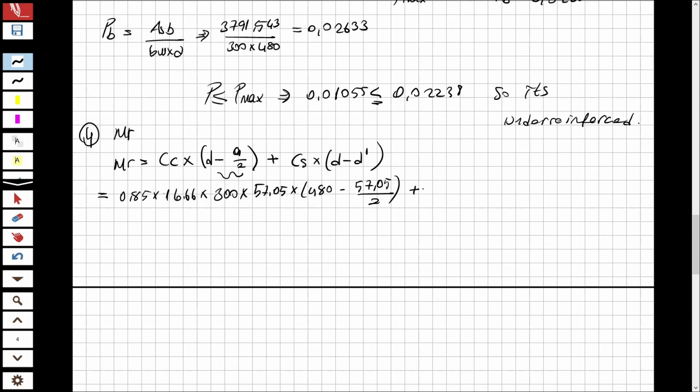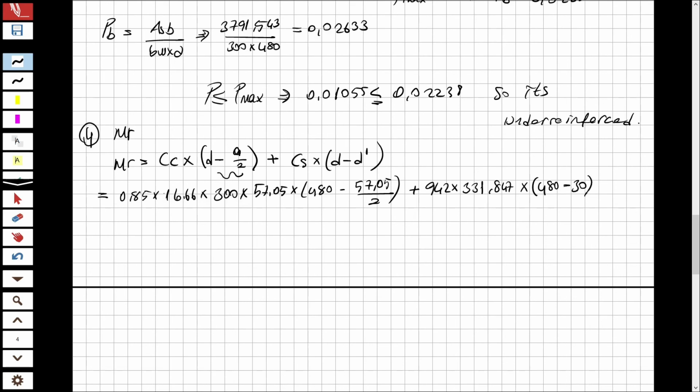What is CS? AS prime. What is AS prime? 942 multiplied by the design strength of this steel. It is different because it's not 365, since it has not yielded. 331.847, and this is the design strength of the top steel. And multiplied by D minus D prime, where D is 480 minus 30.